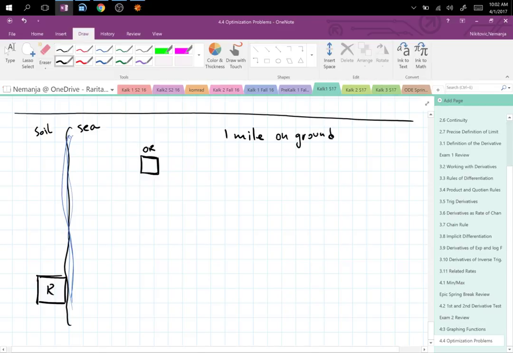How much could it cost to build a pipeline 1 mile on the ground? Let's put some number down. 20,000. That's pretty cheap, actually. Usually 100,000 for 1 mile. That's fine. So $100,000 for 1 mile. And 1 mile underwater?